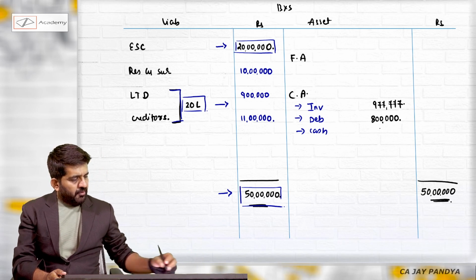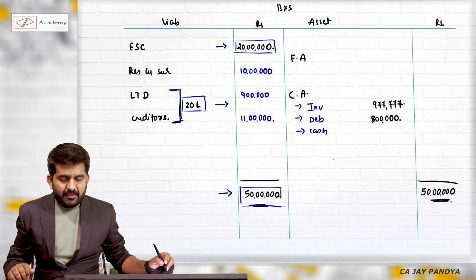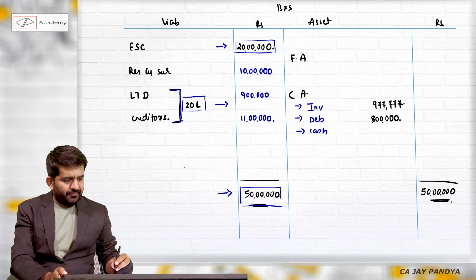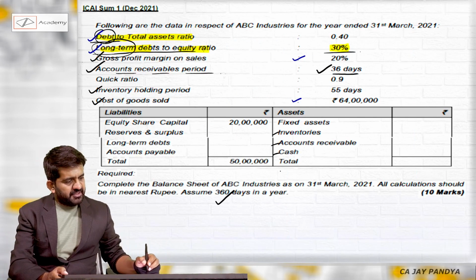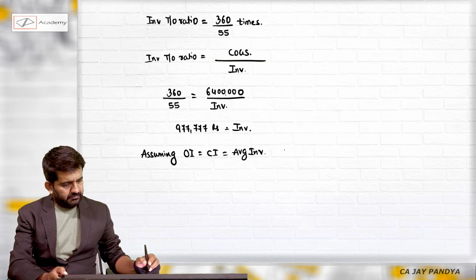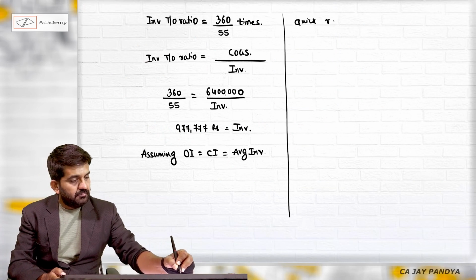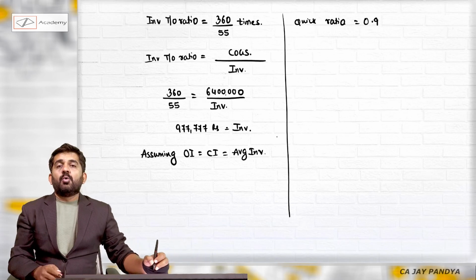Now, information of cash is not available, information of fixed asset is not available, but a ratio is given, which is quick ratio. That is the only ratio pending. Quick ratio is 0.9. What is quick ratio?